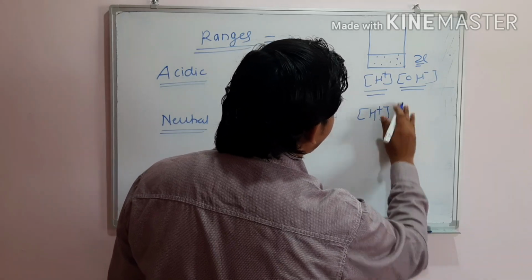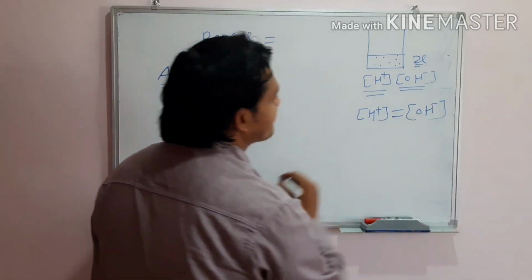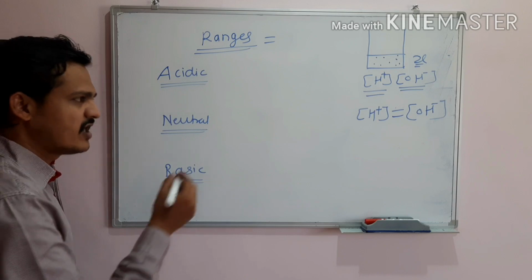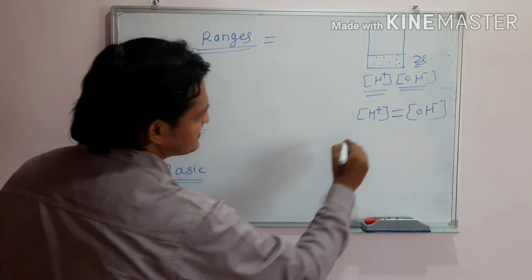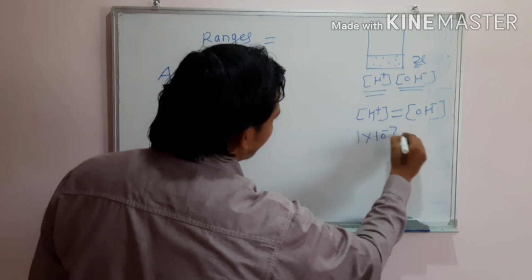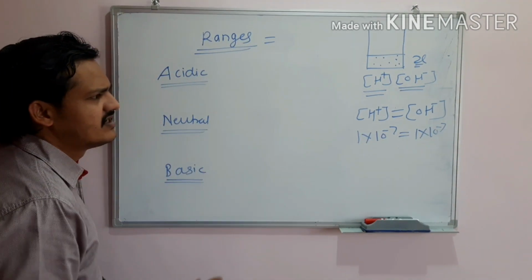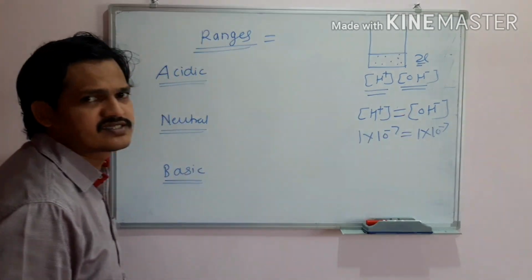The value of OH minus is equal to 1 into 10 to the power minus 7. Neutral means balancing: it contains an equal number of H plus ions and OH minus ions.